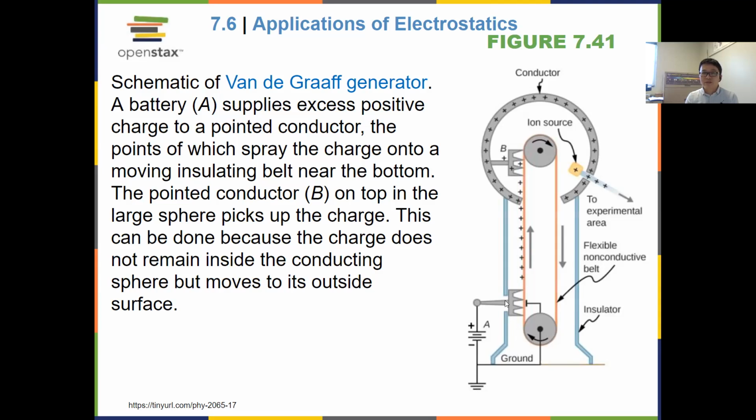Positive and negative charge will be generated on the metal and on the belt. As the belt runs through in contact with this, the positive charge will build up there. The charges on this one will be dissipated into the ground. At the end you get an accumulation of a lot of charge there that can be used.